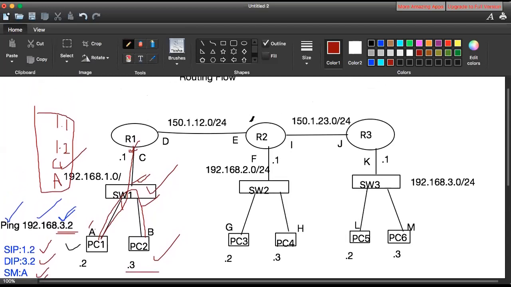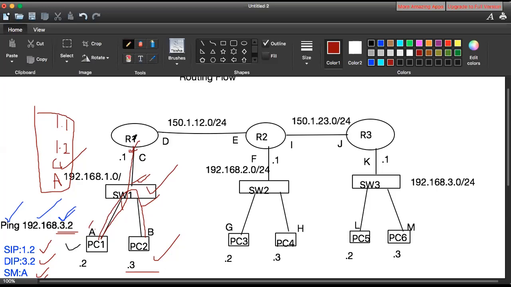Now what is R1 going to do? It is going to open that packet, the layer 3 header when we say packet, and check the source IP, which is 1.1, 1.2, and the destination IP, 3.2, right?